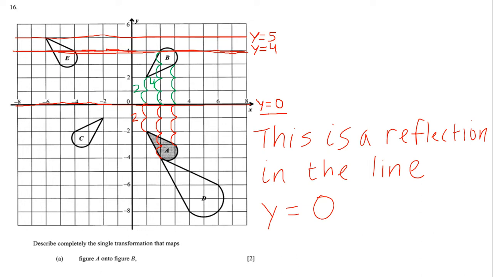I thought it was y equals 1 because this is 0 and then this is 1 and this is 2. I was counting it long across. But now you know.